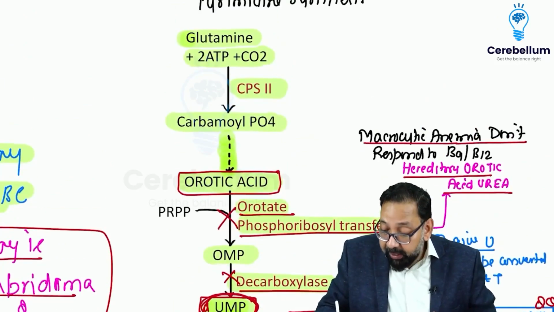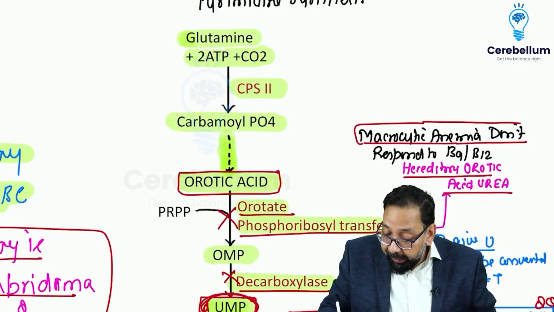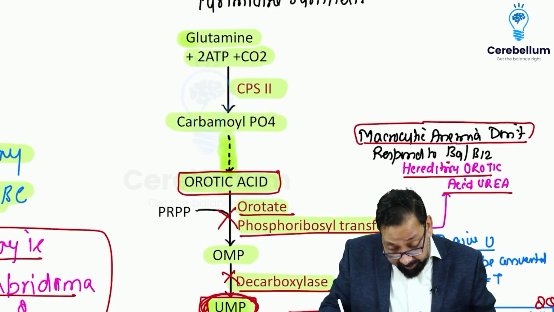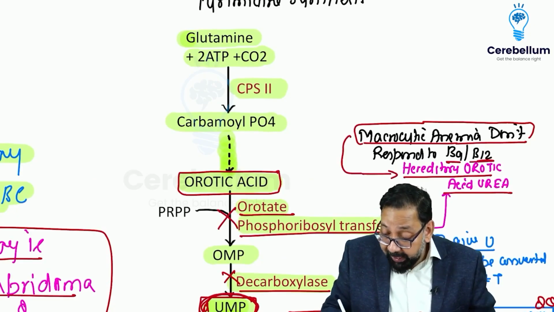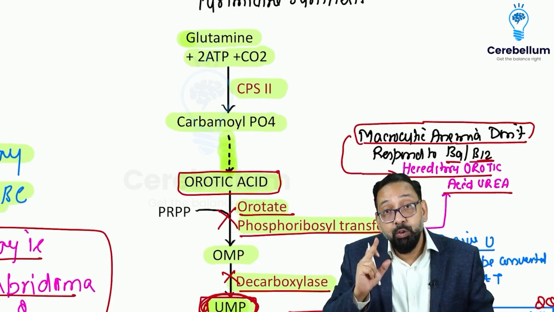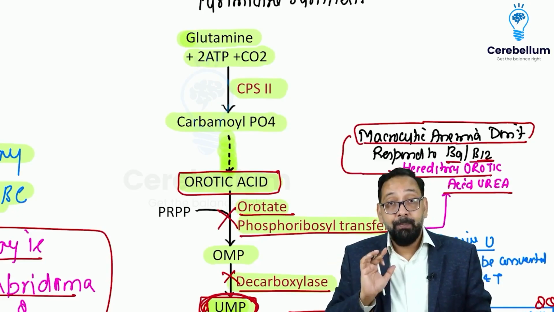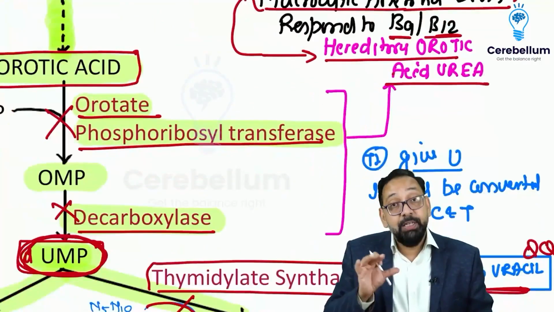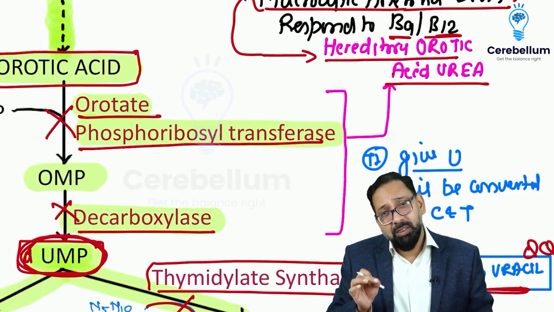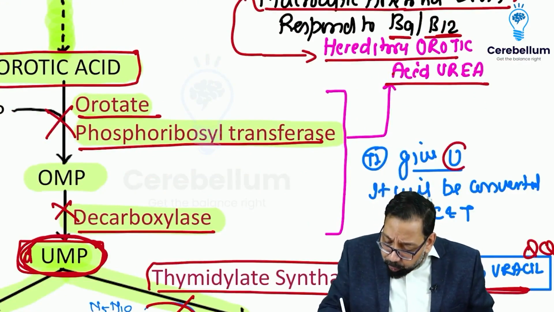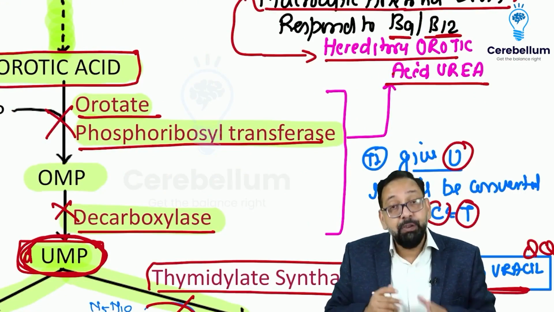In macrocytic anemia, most of the time you will find that they respond to B9 folic acid and B12, but hereditary orotic aciduria will not respond to B9 or B12. If I want to treat the patient and you are asked to give either U, C or T, which will you prefer?